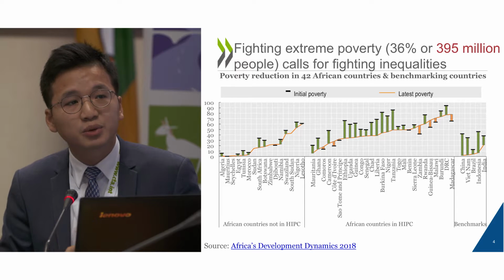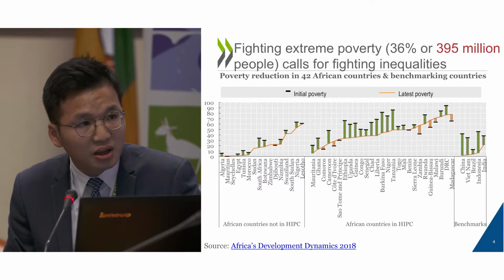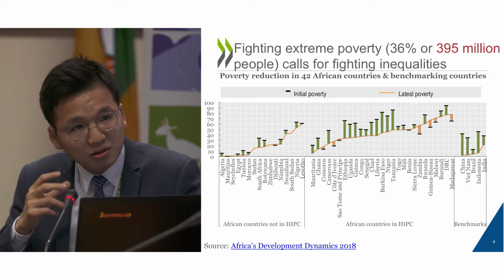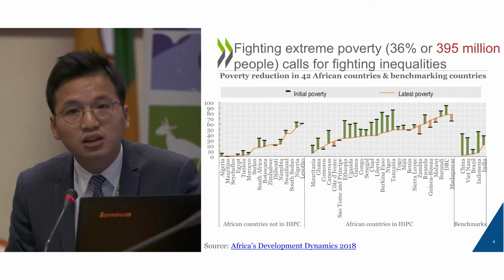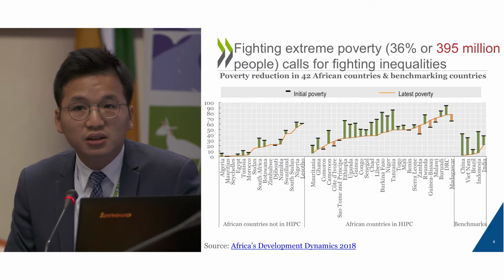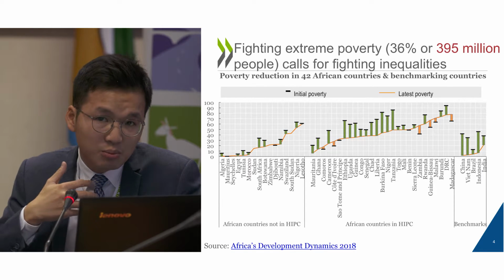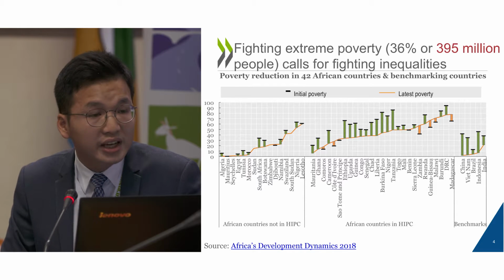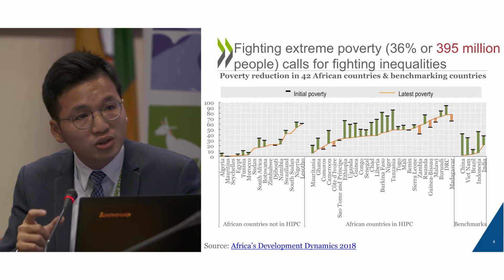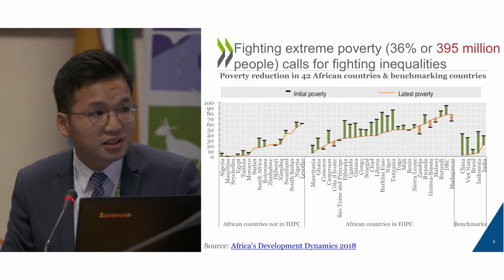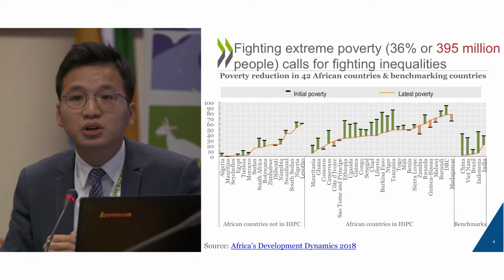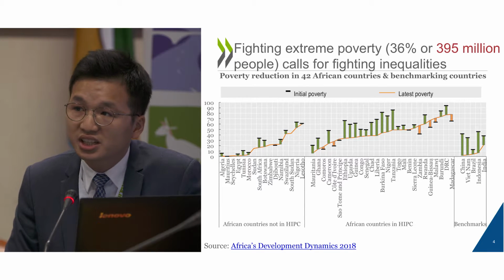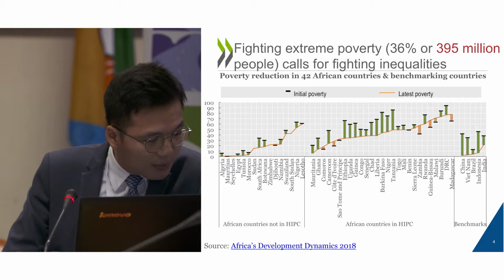And now as the HIPC program is coming to completion, many African countries are facing a tightening of their fiscal space with debt, with more than half of the countries already in what the IMF classifies as debt distress. Finding the political commitment and the funding necessary to continue this progressive poverty reduction will be even more difficult in the years ahead.